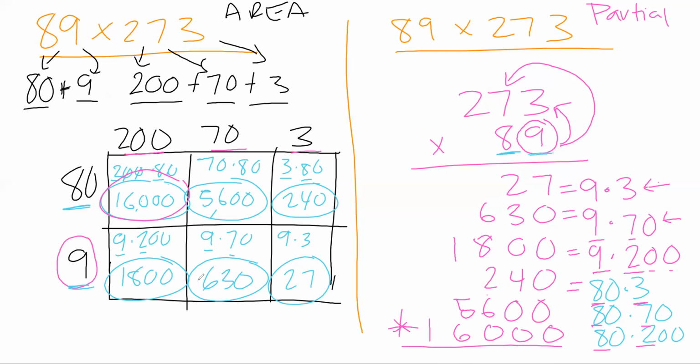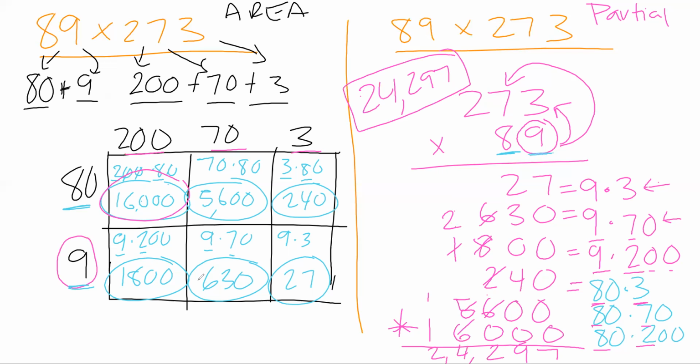And to find the answer, I'm just going to add all of this together. So 7, 9, 10, 16, 22, 11, 12, 13, 14, and 2, and there you have it. Sorry, 24,297 with partial products.